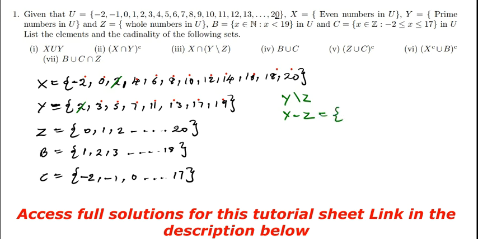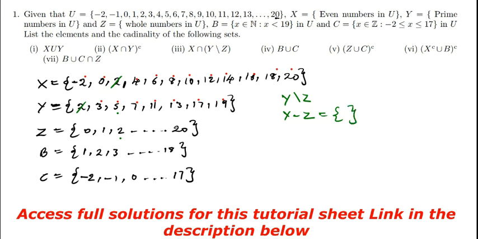So elements which are in y but not in z. So we have 2 is in y but not in z. No, it's there. Then 3 is also in z. 5, 7, 11, 13. So this simply means it's going to be an empty set.